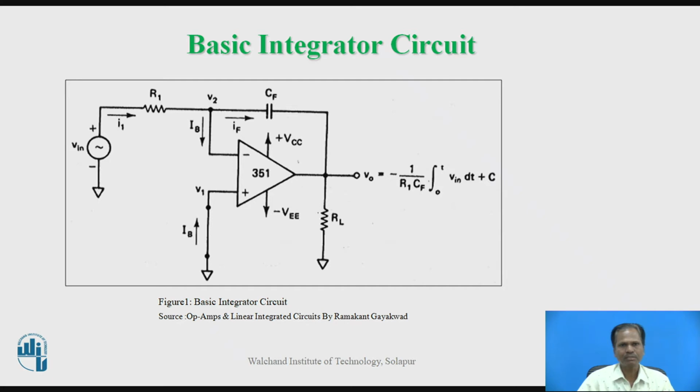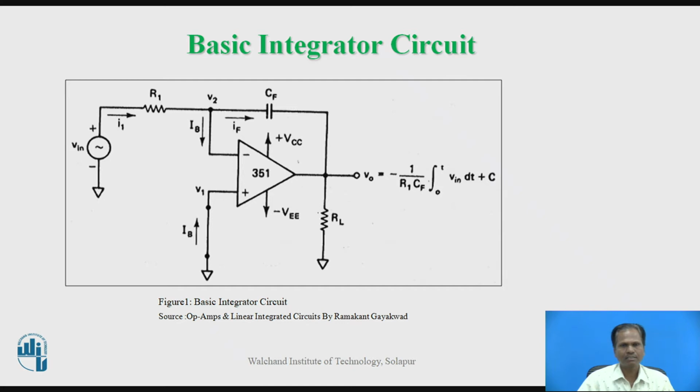So the current flowing inside operational amplifier is the input bias current IB. The inverting input of operational amplifier, that is at point V2, is acting as a virtual ground, and non-inverting input is connected to ground. So inverting input of operational amplifier behaves like a virtual ground.